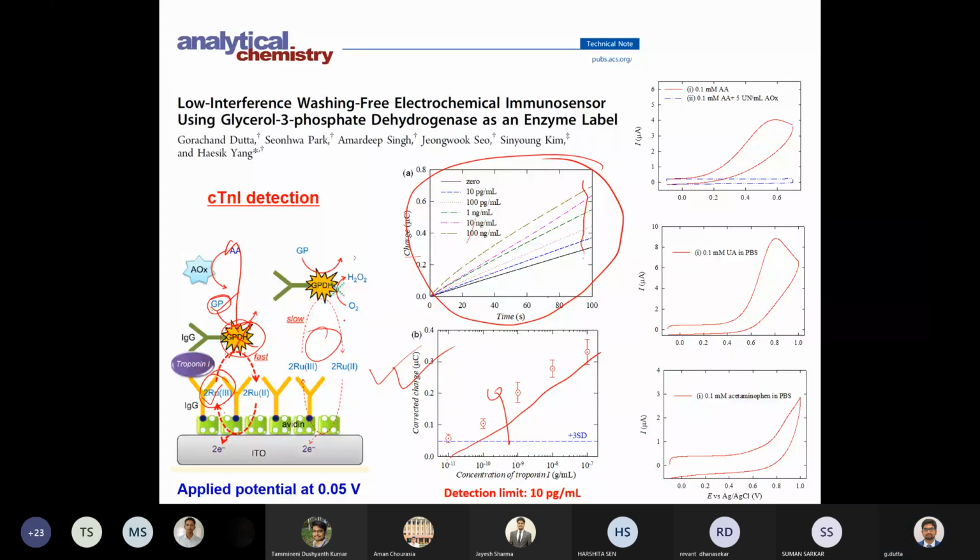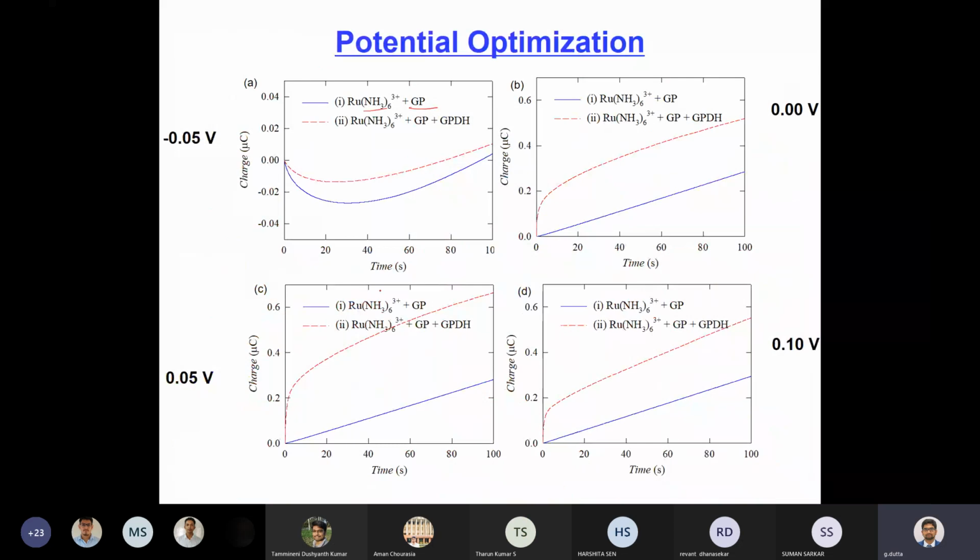Okay, now you can see. Ruthenium hexamine and GP, we think of this one as the background. And ruthenium hexamine, GP, and GPDH, we think of this as the signal. Now we choose different potentials like minus 0.05, 0, then plus 0.05, then plus 0.1 volt.